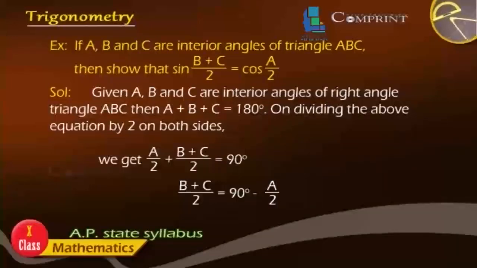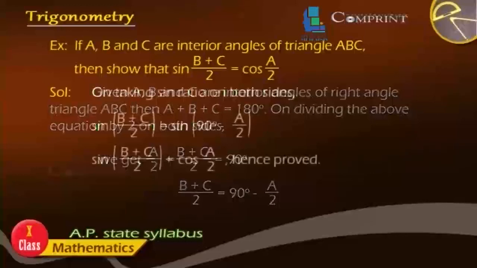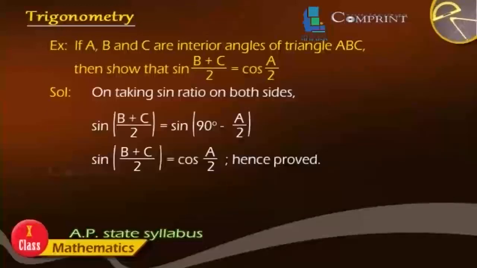On dividing the above equation by 2 on both sides, we get A/2 + (B + C)/2 = 90°. (B + C)/2 = 90° − A/2. On taking the sin ratio on both sides, sin((B + C)/2) = sin(90° − A/2). Sin((B + C)/2) = cos(A/2). Hence proved.